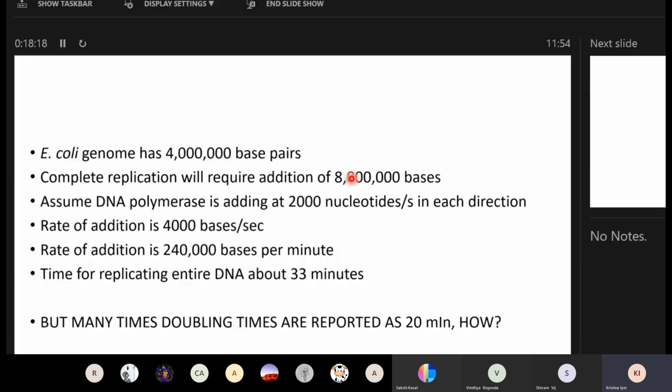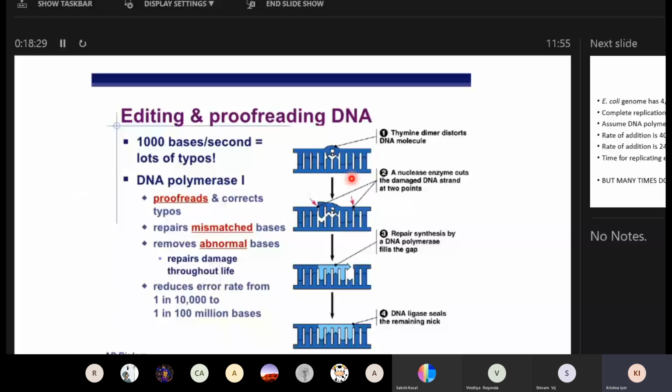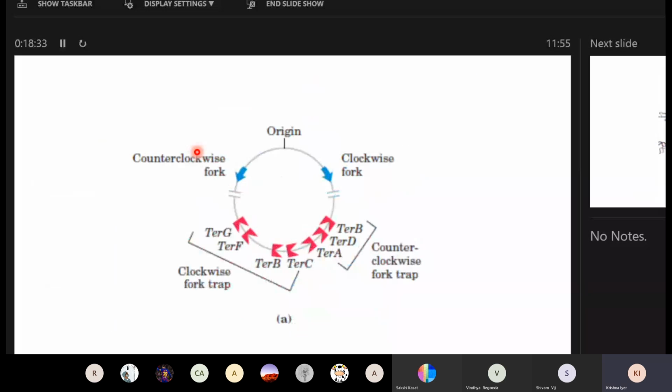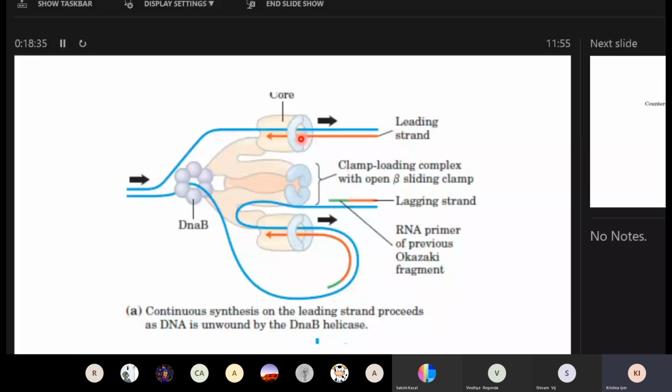Now, if we assume that DNA polymerase is adding 2000 nucleotides in each direction. Why did I say 2000 nucleotides in each direction? Remember, it can add 1000 bases per second, but at any one replication fork, there's one polymerase here and there is one polymerase here.